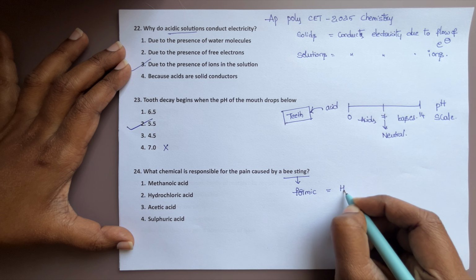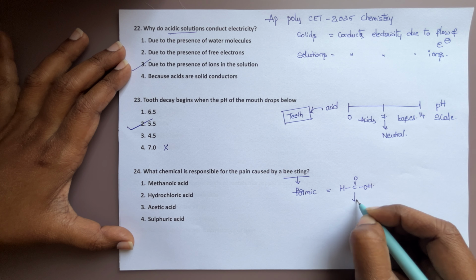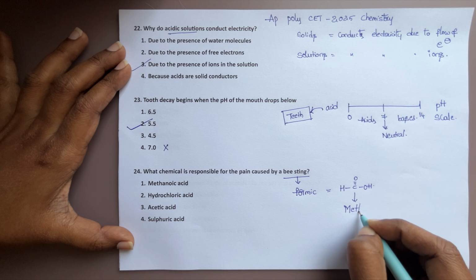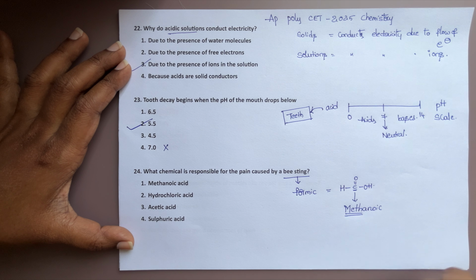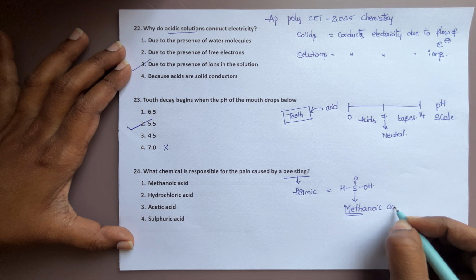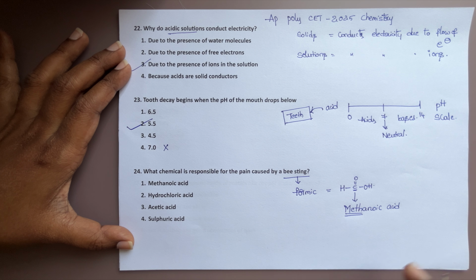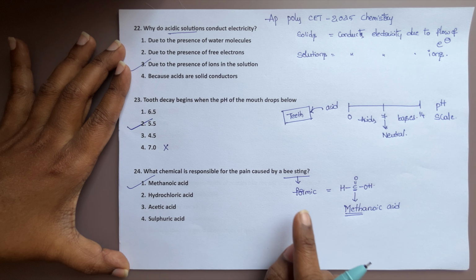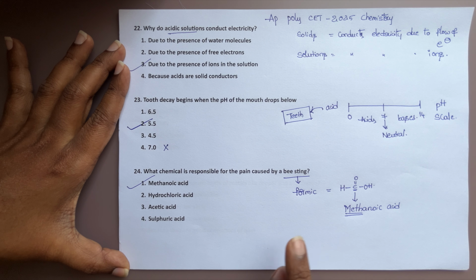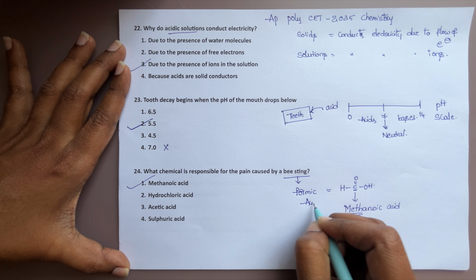The formula of formic acid is HCOOH, which is also called methanoic acid. Why do we call it meth? Only one carbon is present, that's why methanoic acid. The answer is methanoic acid, which is a direct question. There are no concepts, logic or calculations. A bee sting releases formic acid.